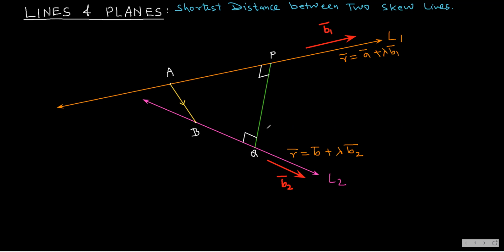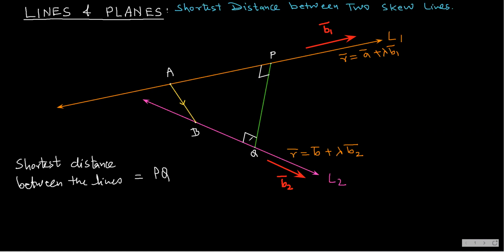Now the idea here is, if you want to get PQ, you will have to project AB bar. A and B are the given points on the lines L1 and L2. The shortest distance between the lines equals PQ.